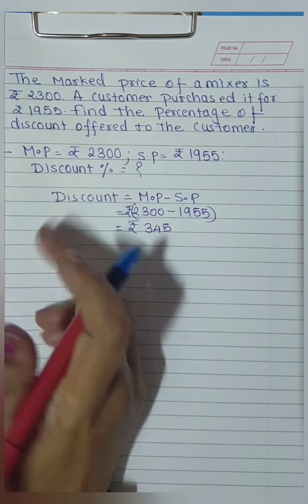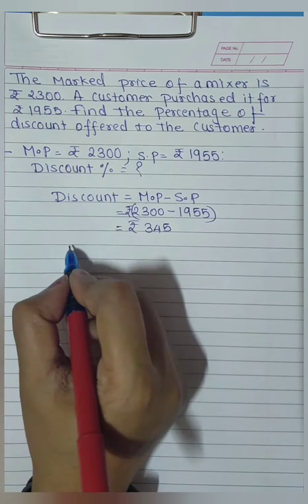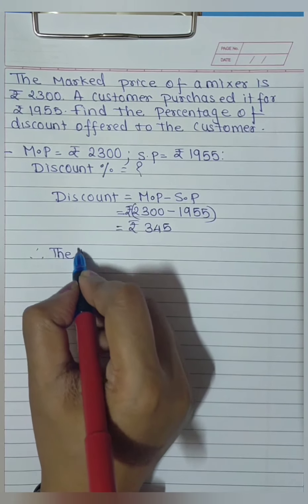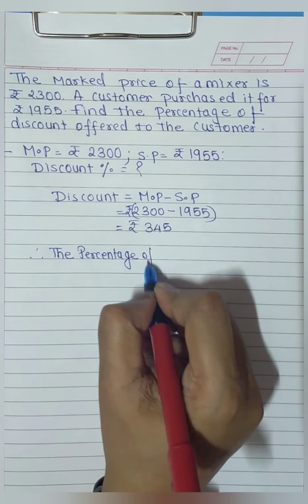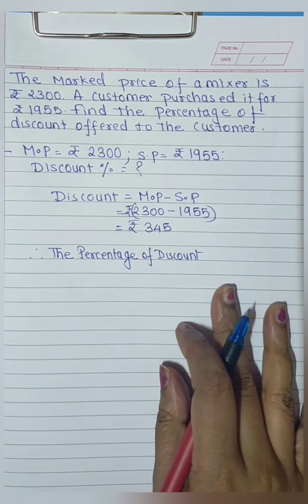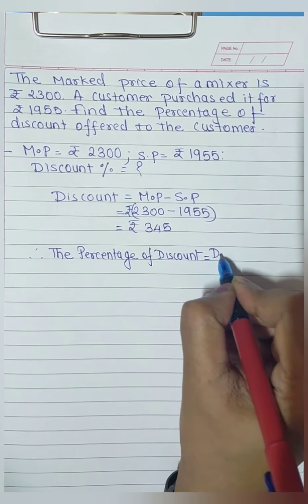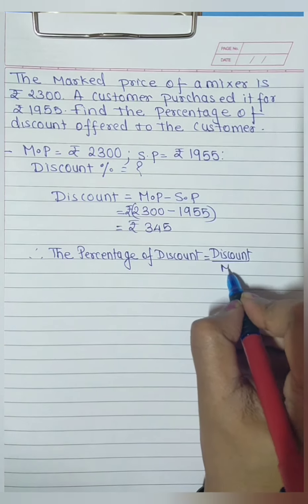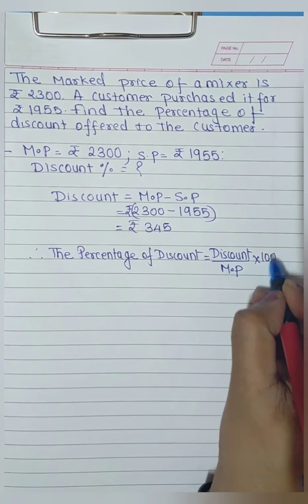Now what is given? We have to find the percentage of discount. Okay, so therefore the percentage of discount is equal to discount upon MP multiplied by 100.